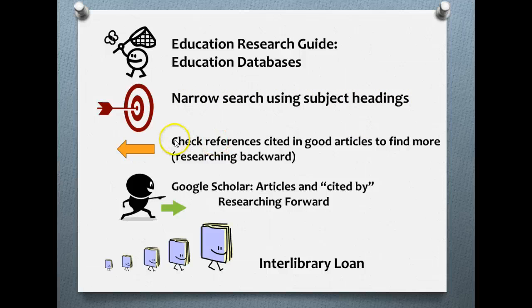If you find a good article, look at its references, either by looking in the article itself, or see if it has a cited references link, so it will kind of do that step for you, which is researching backward. And then use Google Scholar or Web of Knowledge to find articles that cited your original article, which is researching forward, so you can find newer things.